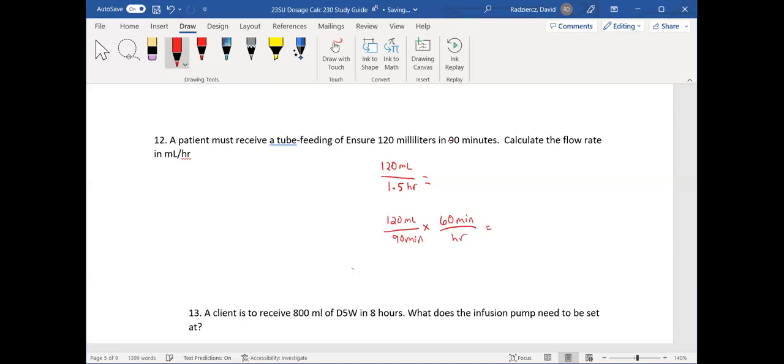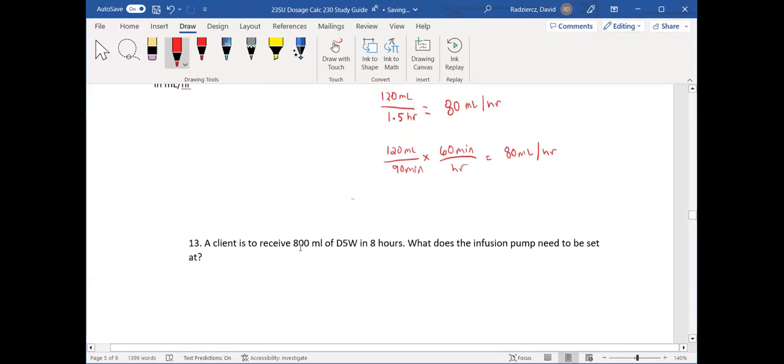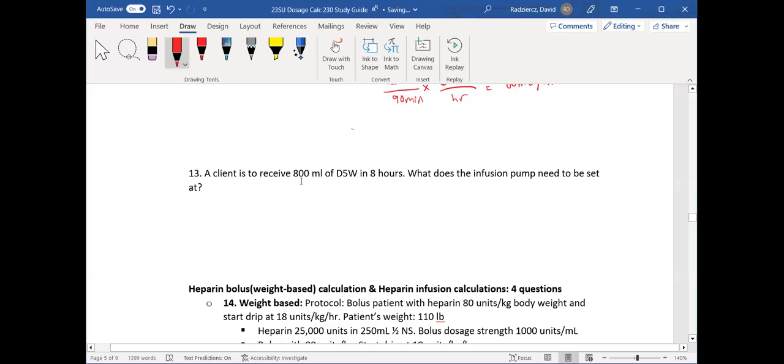So 120 divided by 1.5 will give you 80 milliliters per hour, the same answer either way you do it. This one's pretty straightforward. 800 milliliters, 8 hours. 800 over 8 would be 100 milliliters per hour.